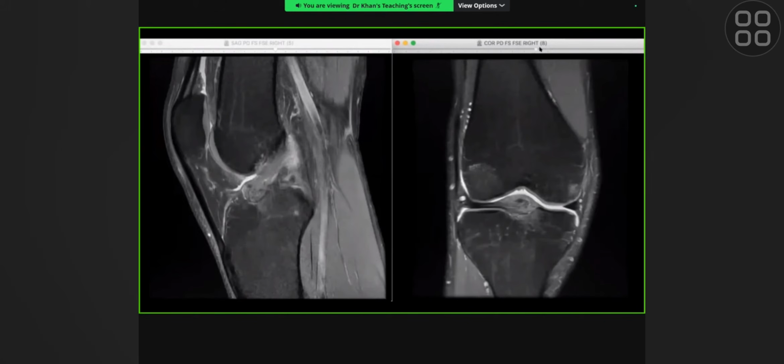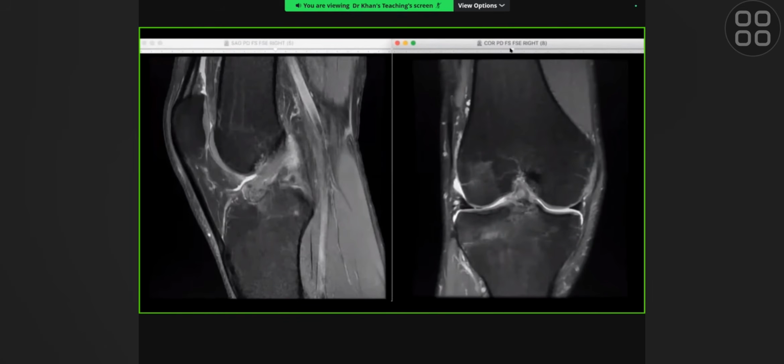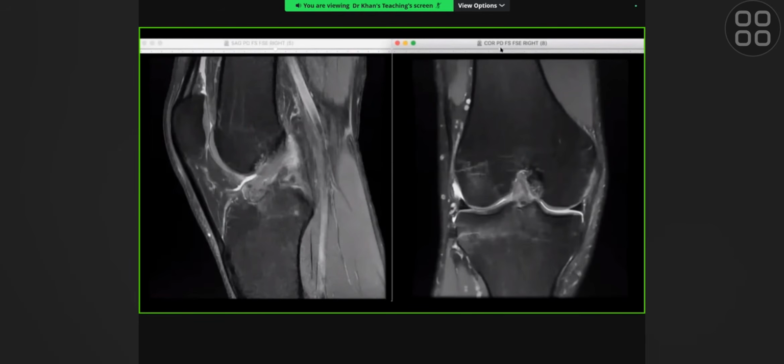Yep, so there are bony contusions on both sides, the medial and lateral aspect of the femoral condyle, and there is some soft tissue swelling over the lateral knee joint.